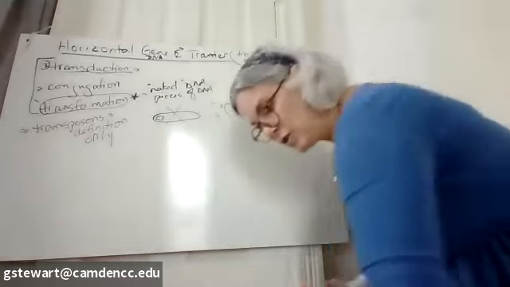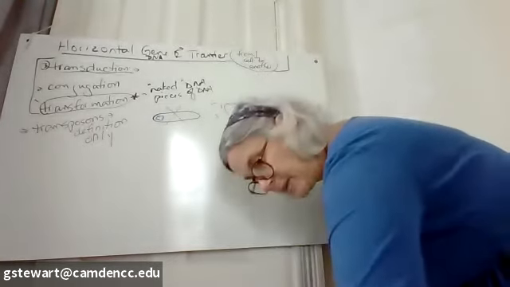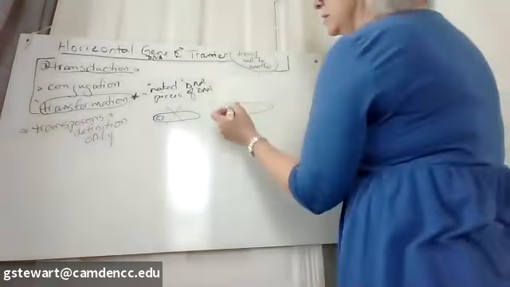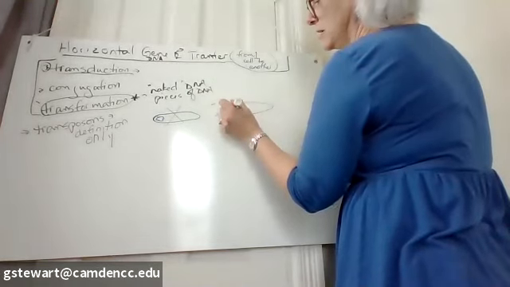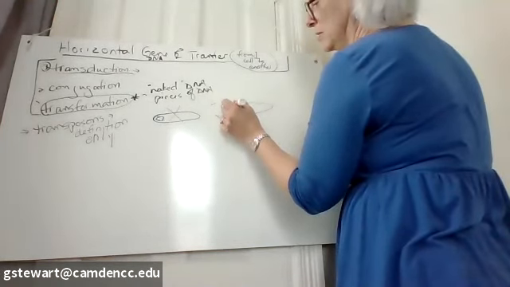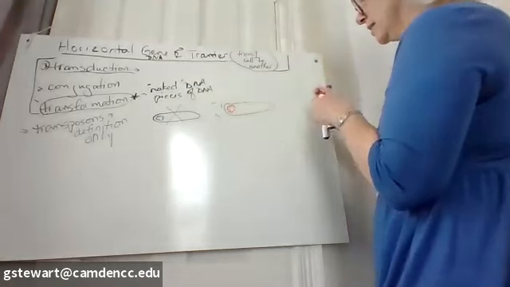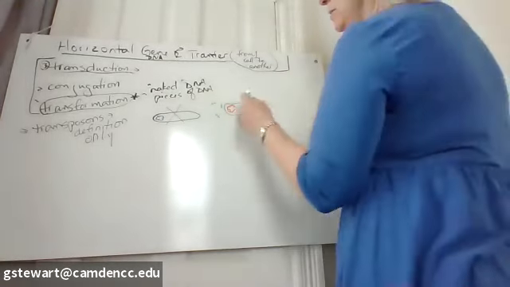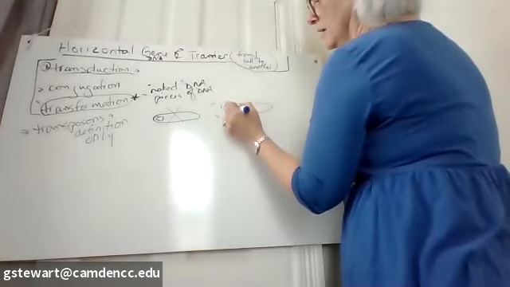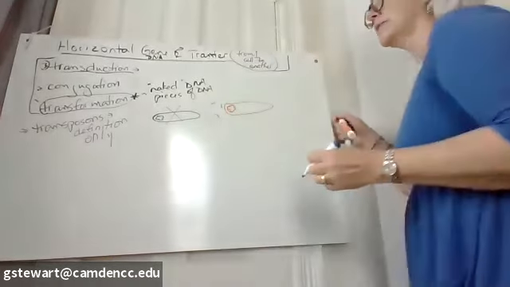So I'll make that cell's genome a different color. Let's utilize this orange. This bacteria, its DNA was going to be the orange, and it's going to take in a little piece of the blue DNA, and it's going to become part of its chromosome.